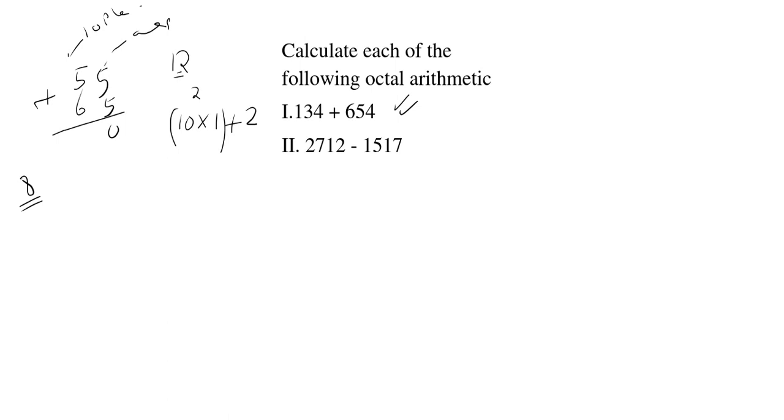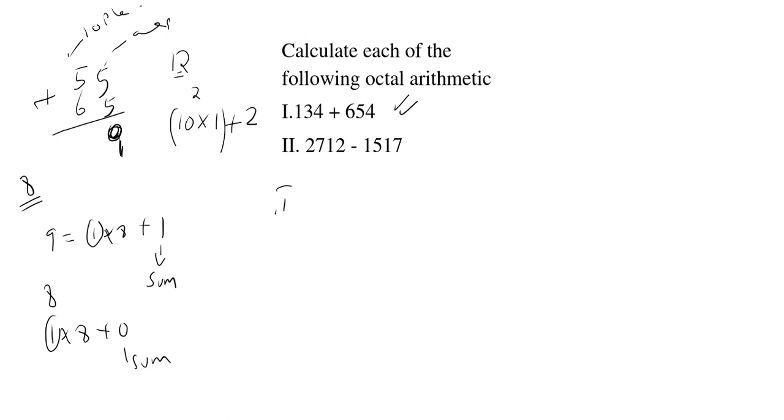For example, 9 is 1 times 8 plus 1, so the 1 becomes the sum which you write here, and the other 1 becomes the carry. If it is 8, we write this as 1 times 8 plus 0. The 0 becomes the sum, which we write here, then we carry the 1. But if it is less than 8, we write whatever we get.